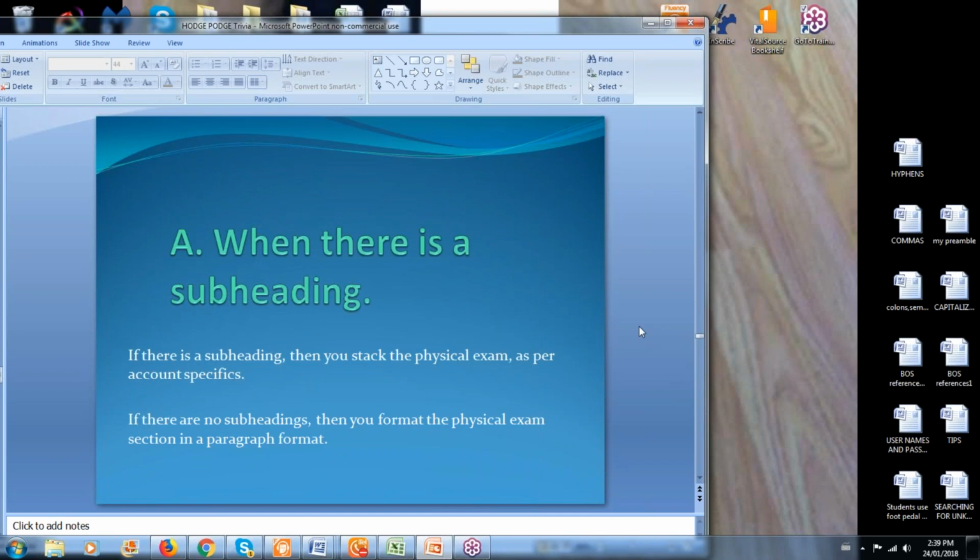The answer is A, when there is a subheading. Even if it's just one subheading, you stack the physical exam. Okay? If there are no subheadings, then you would type it in paragraph format. But as long as there's a subheading, then you stack it.